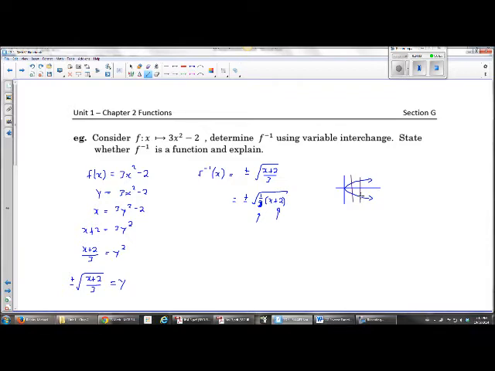The vertical lines still touch the function twice, which means that this is not a function.